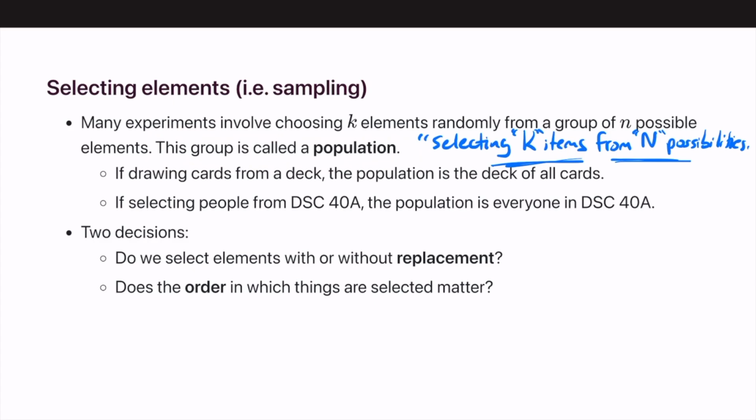And when we're counting or sampling from a population, we also have a very important consideration to make: do we order, or does order matter? And then do we replace? For replacement, an example would be that you have some sort of deck of cards here.